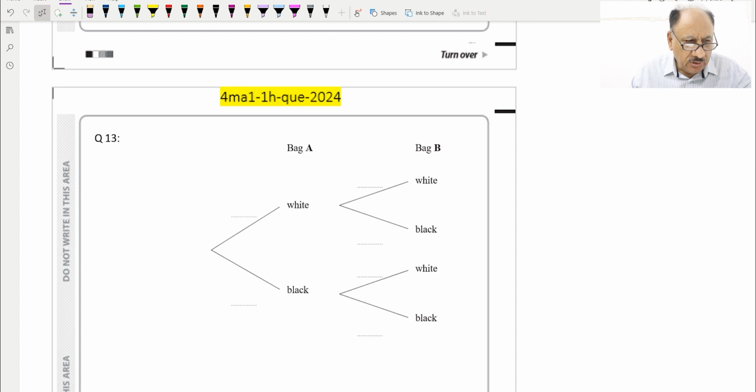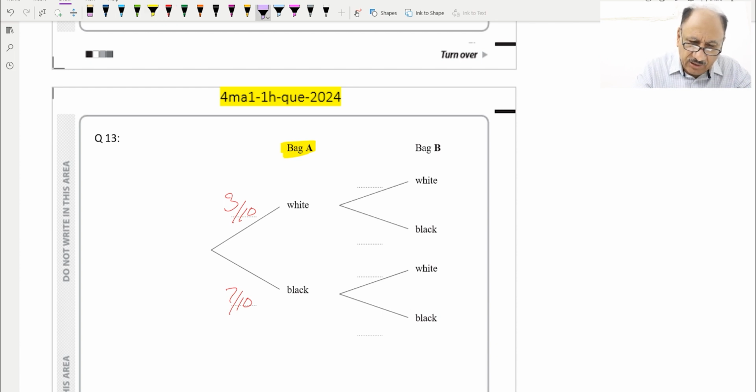Herman takes at random a bead from bag A and a bead from bag B. Complete the probability. So in bag A there are 3 white and 7 black, total 10, so we write 3 by 10, and this will be 7 by 10. This is for bag A.